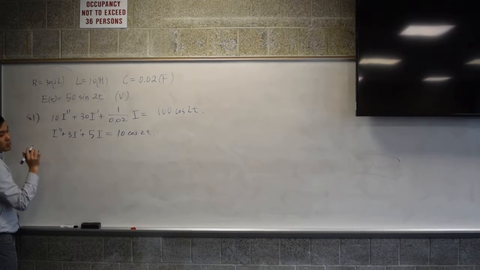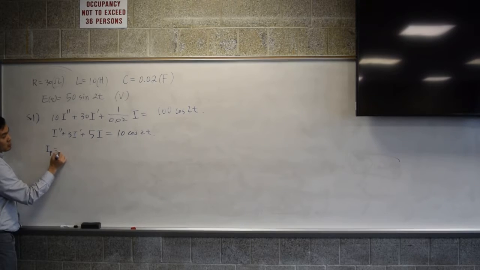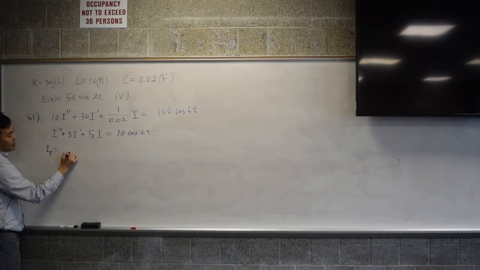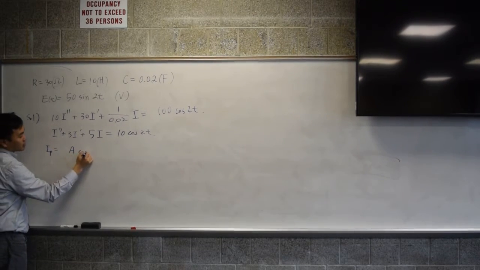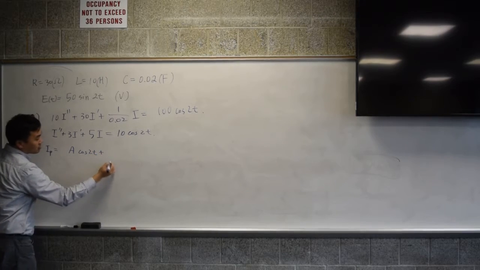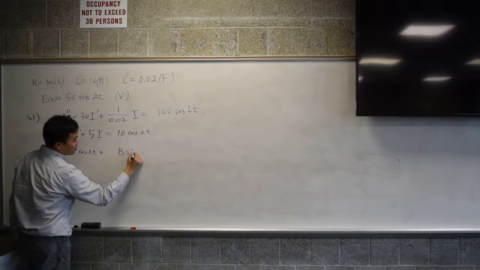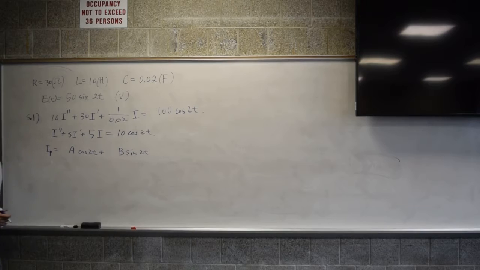Okay, let's just go for I_P for this case. All right, so therefore I_P must be what? A times cosine 2t plus B times sine 2t, right? By the method of undetermined coefficients. Now we have to differentiate this twice, because then we have to multiply 1, 3, and 5 and add them up to create the left side.